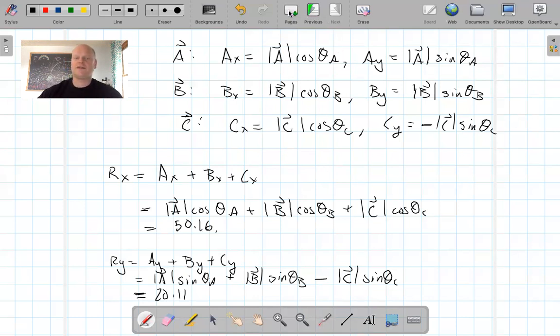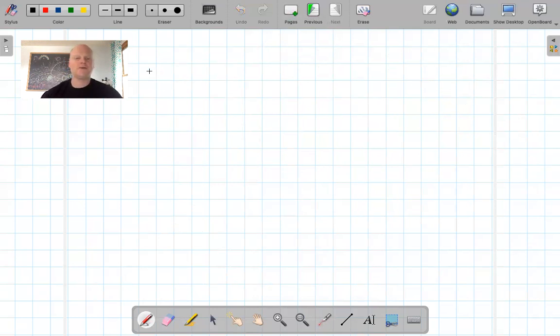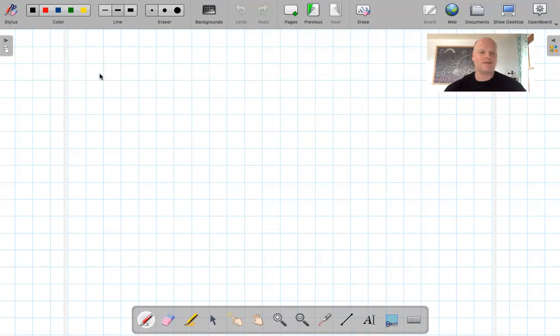Now from here, because we drew our picture and we know the magnitude and the angle, let's calculate the magnitude of the vector. As we noted on the previous slide, the magnitude of vector R is simply equal to the square root of the x component squared plus the y component squared, right? Pythagorean theorem.